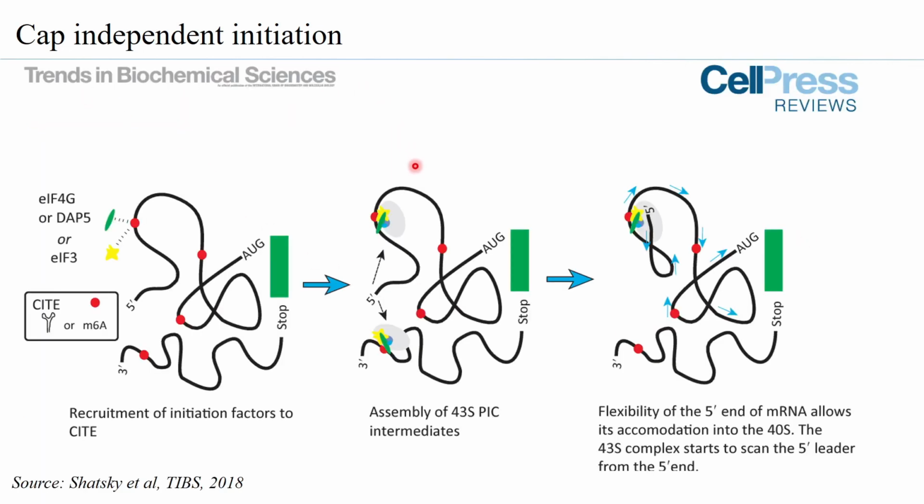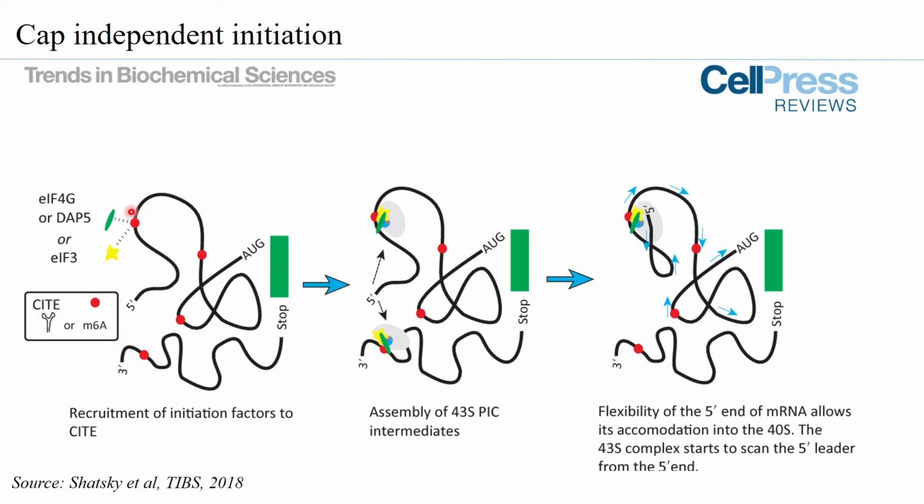Another cap independent initiation that has been reported is through what are called cap independent translation elements, or CITEs, or methylated 6-methyl adenine. So you will find that at the 5' UTR region or within the mRNA there are several regions where you can have a CITE or a 6-methyl adenine.